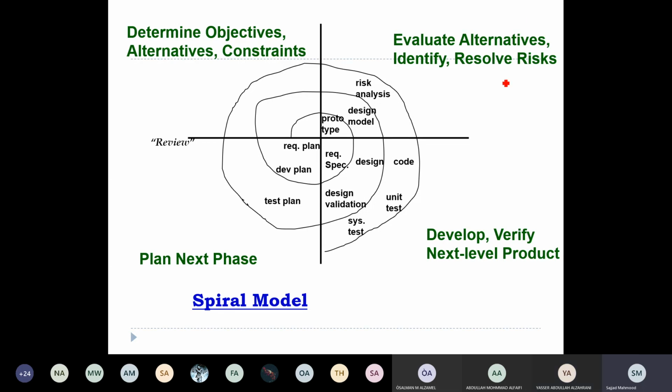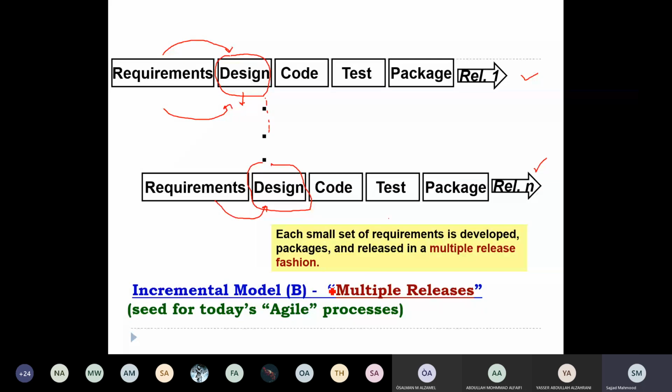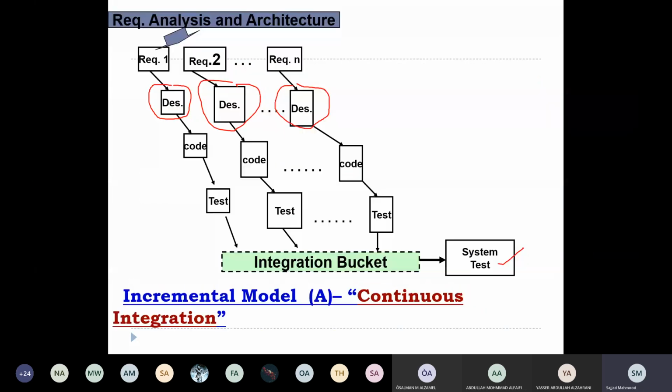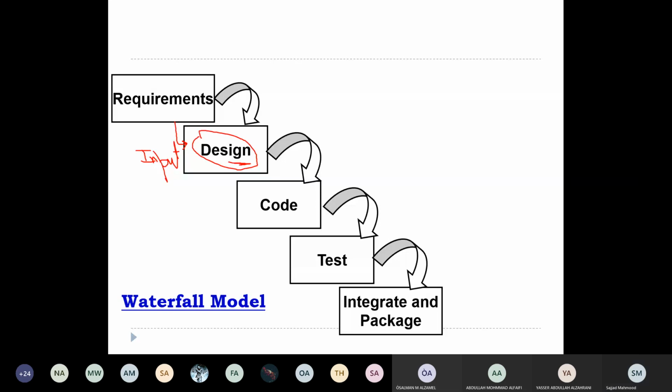Now, if you look more closely, because this is a design course, because of the nature of the model itself, there is a design phase, definitely. But at what stage it's done, how it's done, it's actually driven by the process model itself, right? So this is different from incremental, which is different from, for example, waterfall, right?